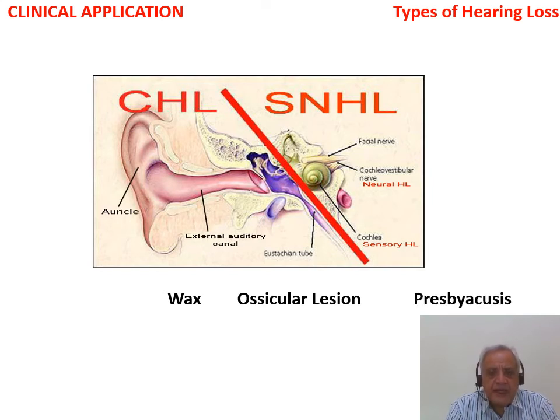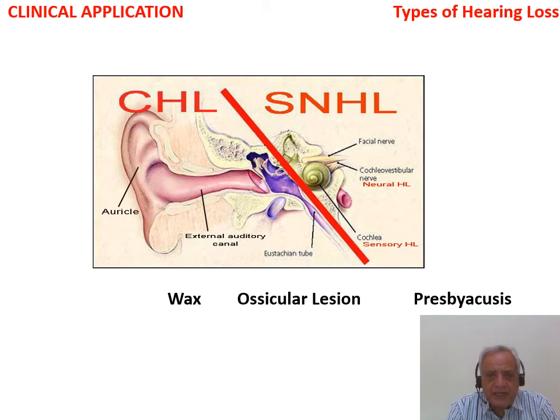Then an example of hearing loss in the cochlea is presbycusis. Presbycusis is degeneration of the organ of Corti, the degeneration of the hair cells there, in old age, and this is one of the common causes of sensorineural hearing loss.